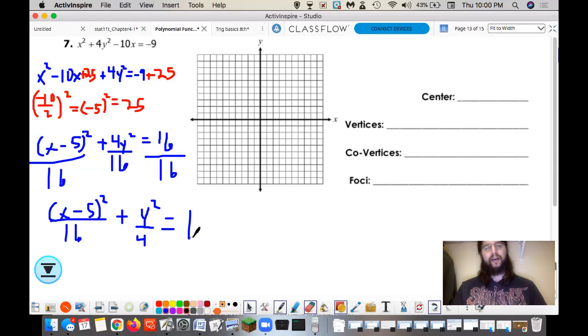So now you can do what you've got to do. A is 4, B is 2, C is going to be the square root of 12, which is 3.5-ish.